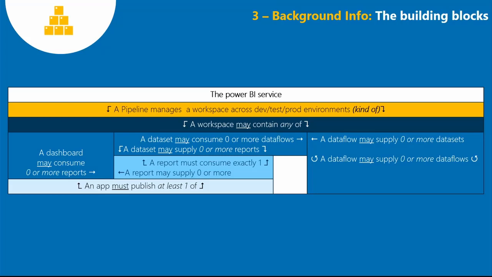These data sets then basically supply data to 0 or more reports. That's actually the Power BI artifact. Of course, you can also connect to a data set from Excel and other tools. But you can have a data set without any reports linked to it, and that's fine.